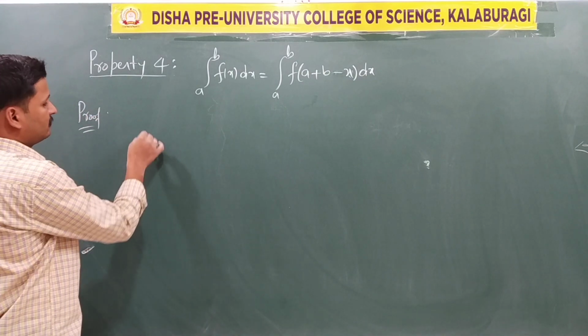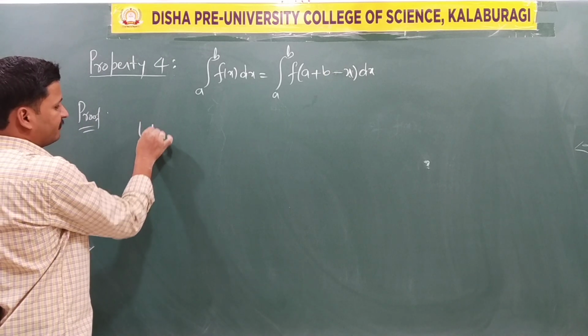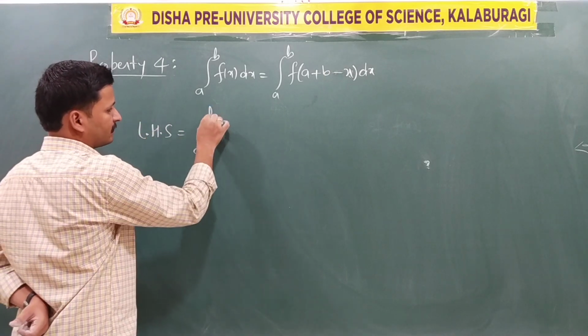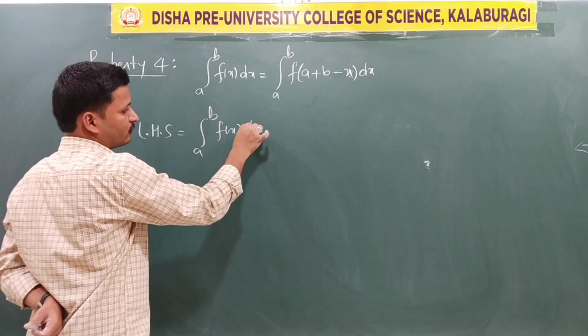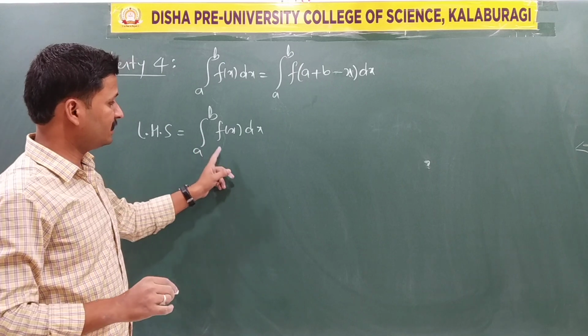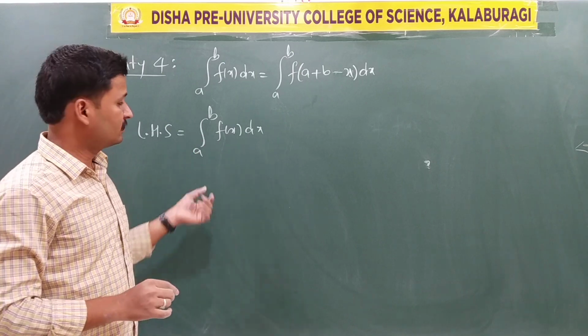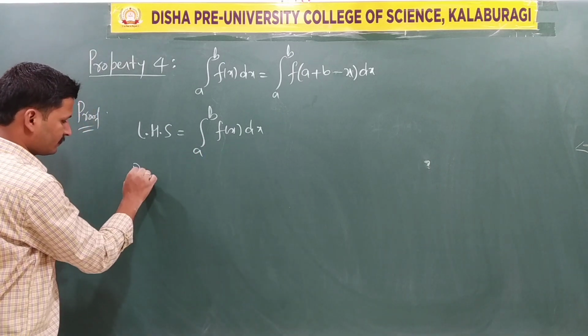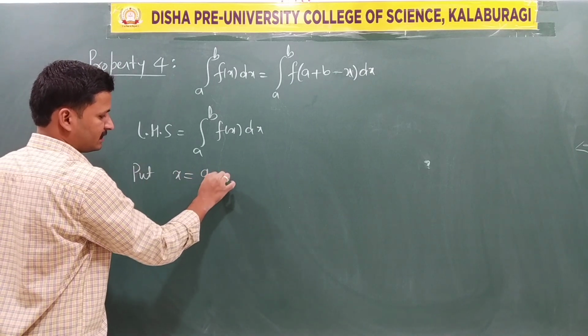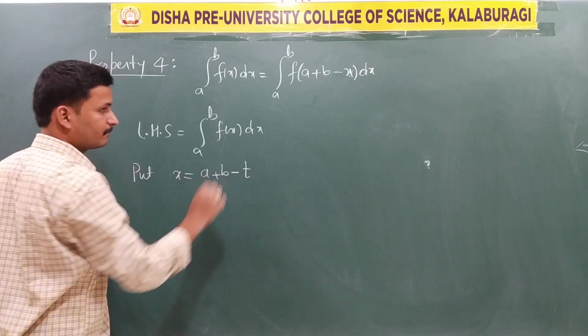Here consider the left hand side, that is LHS, integral from a to b of f of x dx. We will prove by using the substitution method. So here put or substitute x equals a plus b minus t.